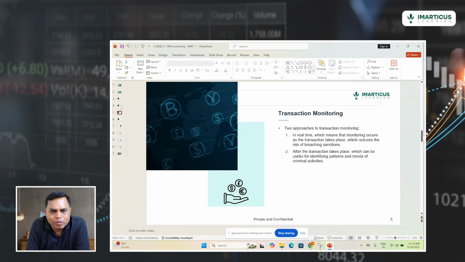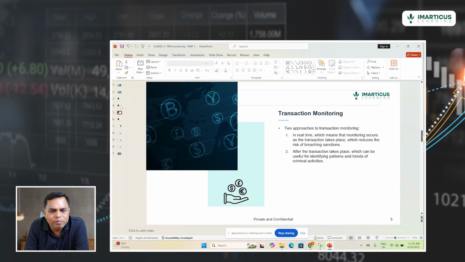Now, transaction monitoring approaches. It can be real time, meaning the monitoring happens as and when the customer performs the transaction. Usually real time transaction monitoring is done by transaction monitoring software or algorithms.